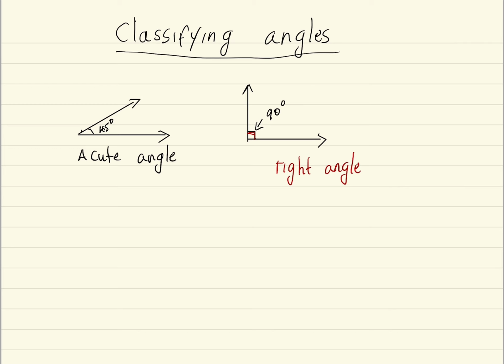Now the next type of angle is called an obtuse angle. But just before I get to the obtuse angle, I'm going to write the acute angle's measure here quickly.